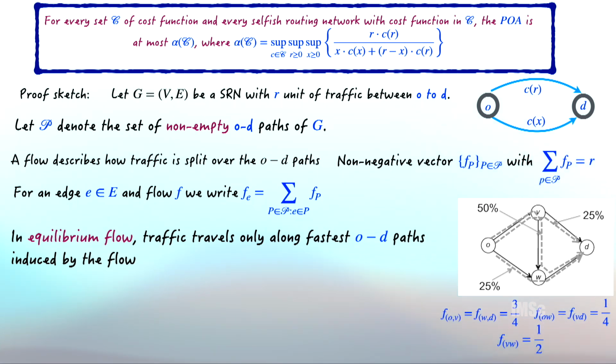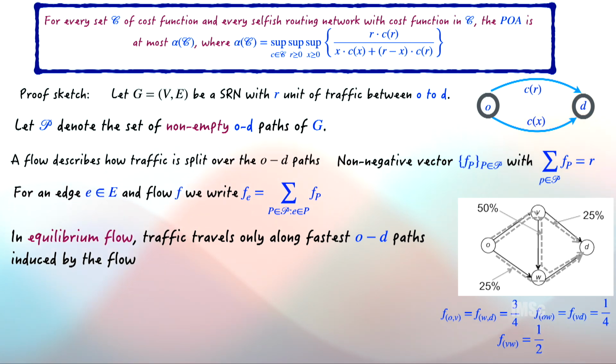There might be many different ways of routing flow, but we call a particular flow an equilibrium flow based on the traffic it induces on the network. The traffic is due to the flow only, right? When there was no flow, there was no traffic, the roads were empty. The traffic exists only as a function of that flow, right?